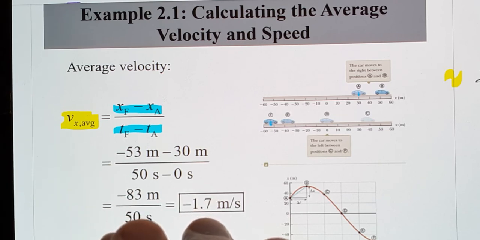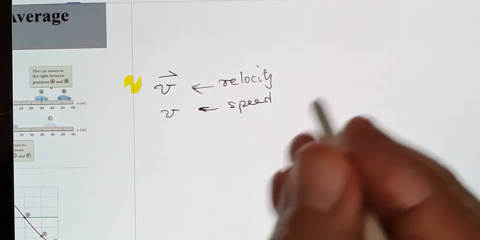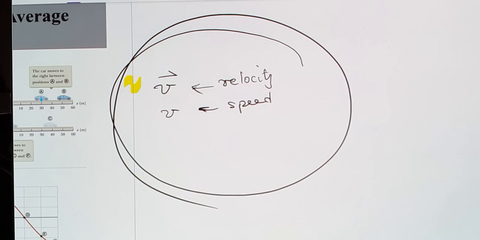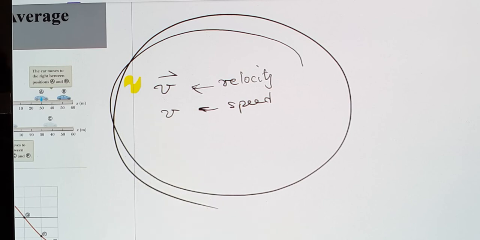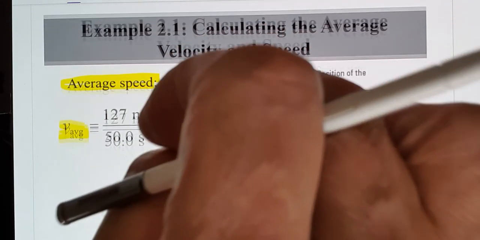So what do we have to do as students? Well, you can use this convention. Everybody can use this convention. It's okay. This is a vector, and this is the magnitude of the vector. It's much easier. His convention is very confusing.